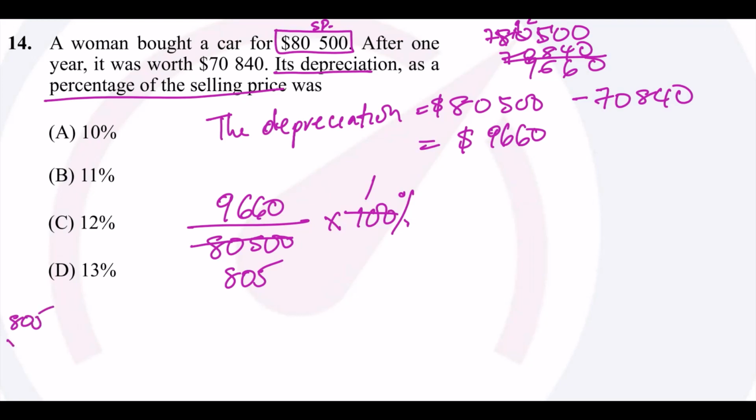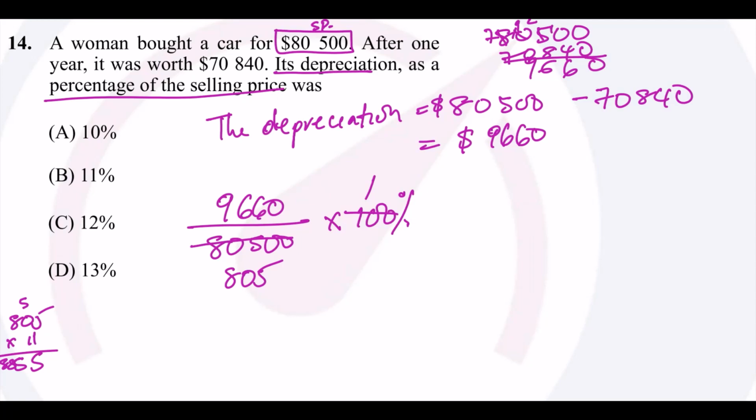Let's make a quick timetable. 11 times 5 is 55, carry 1, 11 times 0 and the 5 is 5, 11 times 8 is 88. So we want to go to 9,000.